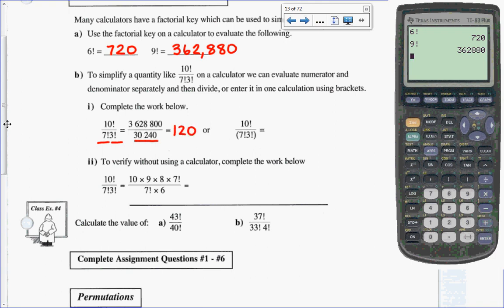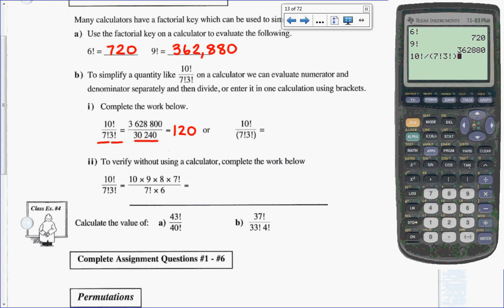But a simpler way, to allow your calculator to do all the work for you, is to just go 10 factorial, then make sure you put divided by and use brackets. So bracket 7 factorial and 3 factorial, exactly like it is in the book.